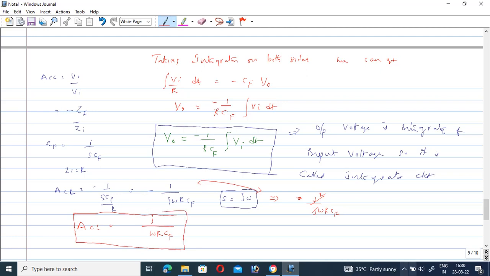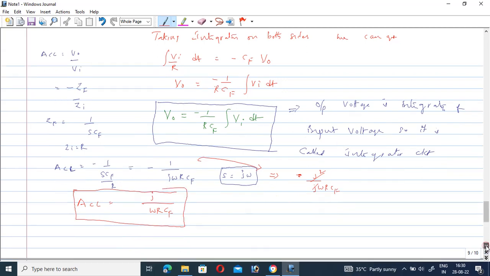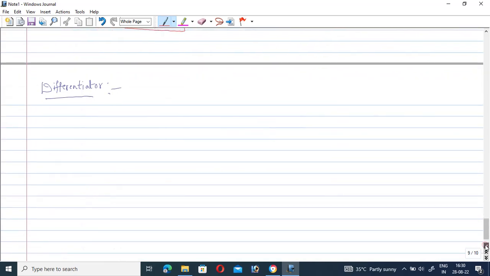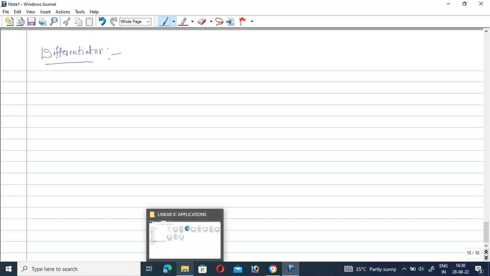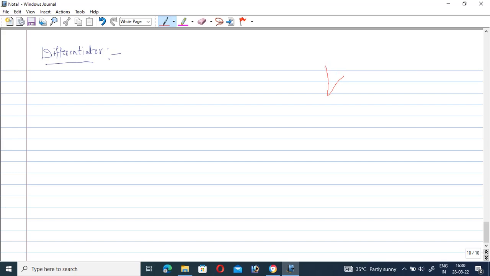Now let us see the scenario for the differentiator. What is meant by differentiator? The differentiator is quite the opposite of the integrator circuit. First of all we have to draw the circuit diagram for the differentiator. It is similar to the integrator, just a variation in the feedback path only. So this is the operational amplifier.